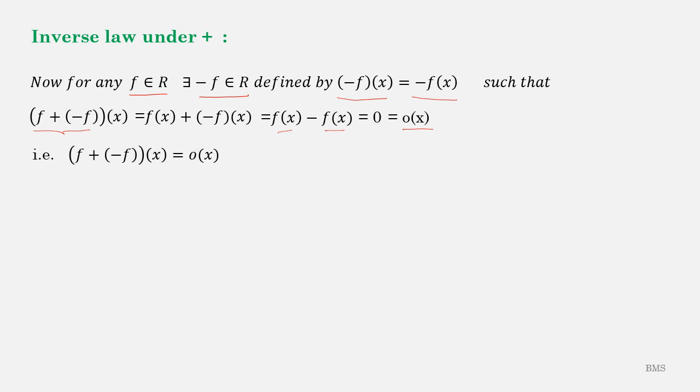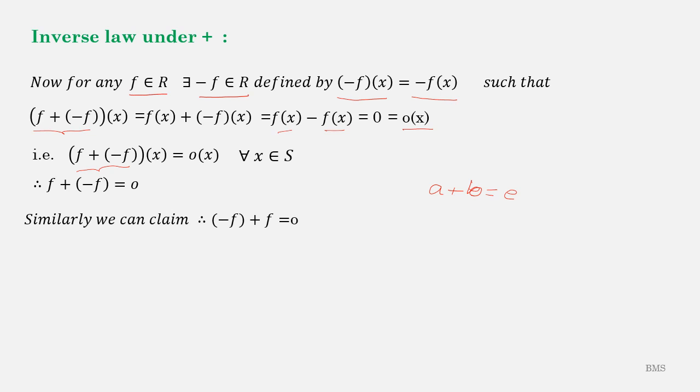Now, what we have claimed? (f + (-f))(x) is equal to O(x). So, this is true for any x belongs to S, that yields f + (-f) is equal to O, where O is the identity element. You recall this? A + B is equal to E, something like this.